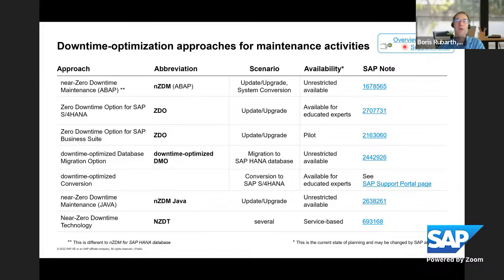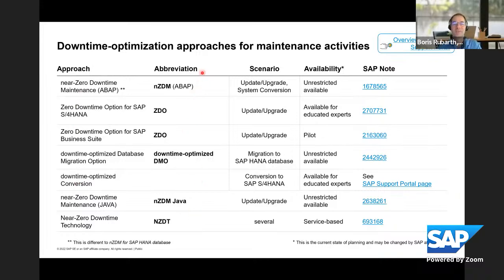And this page in the SAP support portal lists these approaches that are reducing the downtime for specific activities. And you will see on the page that there are approaches. We will discuss those approaches. Most of them do have an abbreviation. That's why we call them Z technologies.